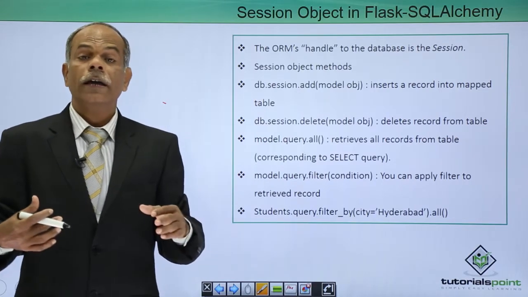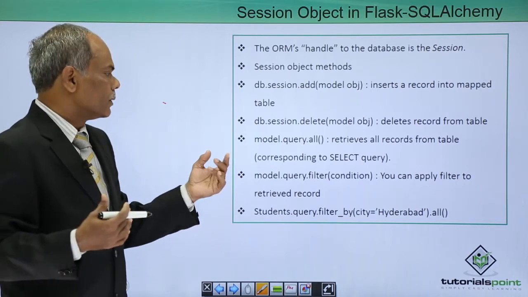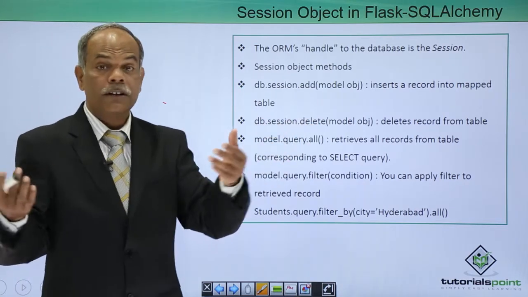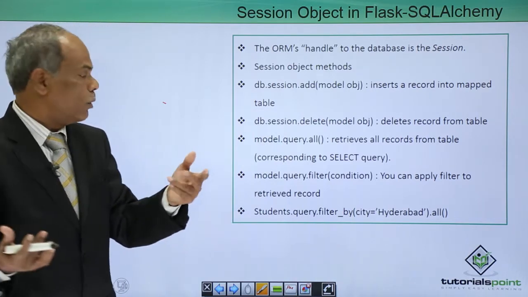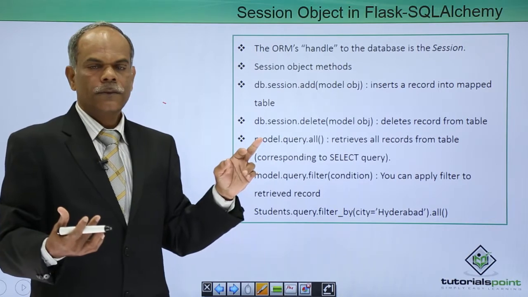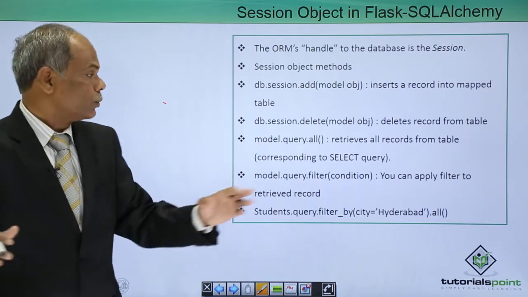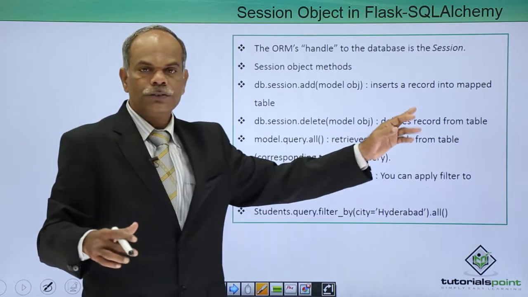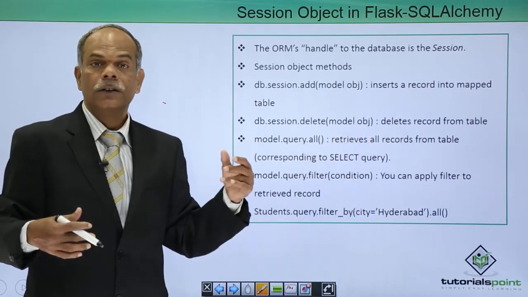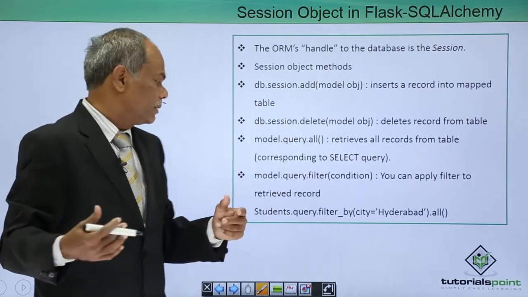Now, in order to emulate the select query, you say Model.query.all, in our case Students.query.all, where Students is the name of the model. Model.query.all is equivalent to select star from students. So it will retrieve all the records from the underlying table, in this case the students table.